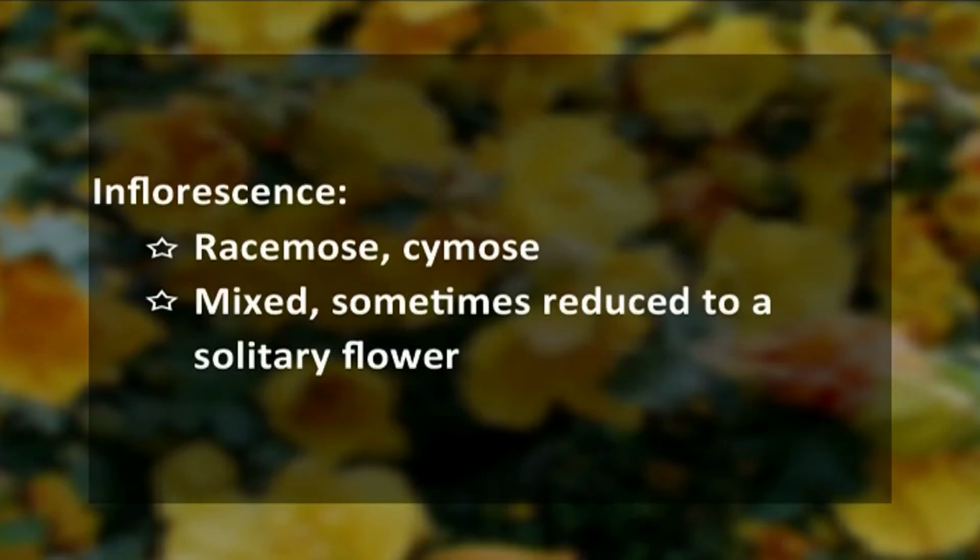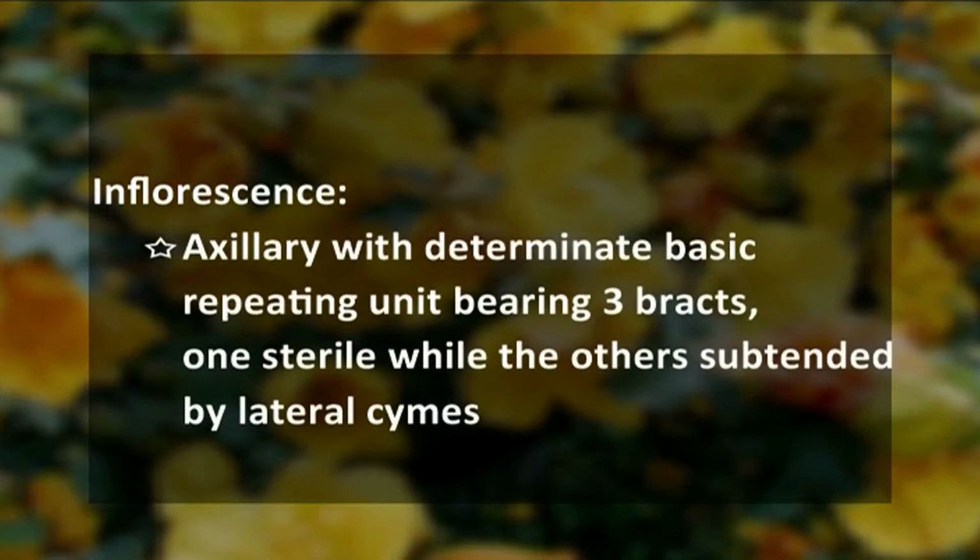Sometimes this inflorescence is characteristically reduced into a solitary flower that is axillary with a determinate basic repeating unit which bears 3 bracts. Out of these 3 bracts, one is always sterile, while the other 2 are subtended by lateral cymes. Or sometimes we also see the inflorescence is represented by a single solitary flower.